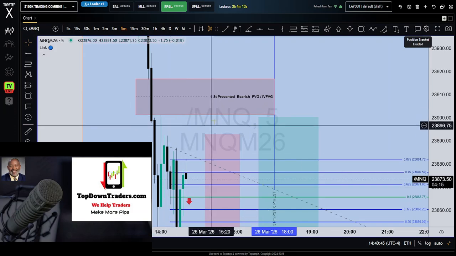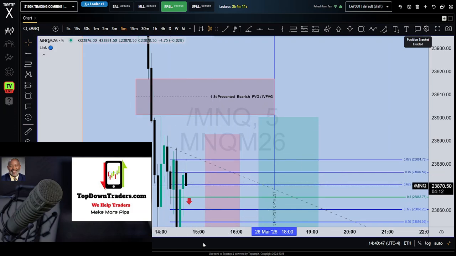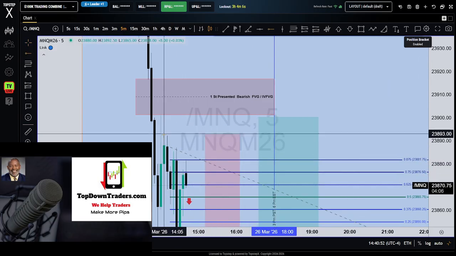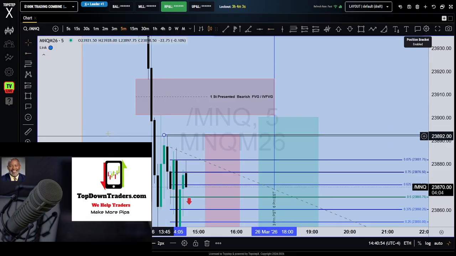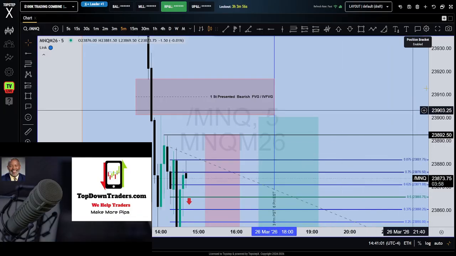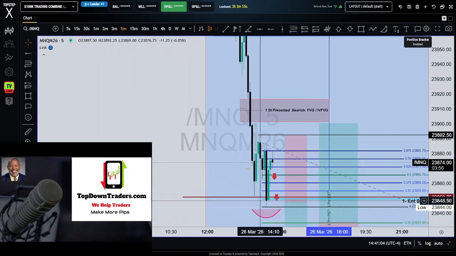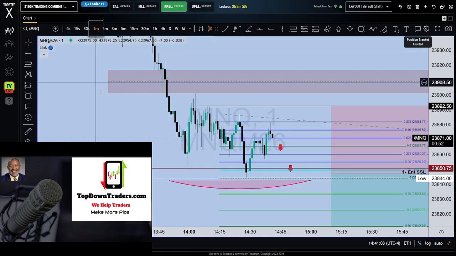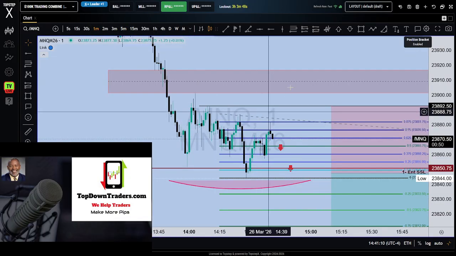So if price comes up to here, it can reject and go back down. We did push up pretty strongly, but my stop, my red line in the sand, had I been in this trade, is right there. We're going to see what the market does. We do have a reversal signal here. This is your 3 bar reversal down here. I'm not on the 1 minute chart, but this is what it looks like on the 1 minute.